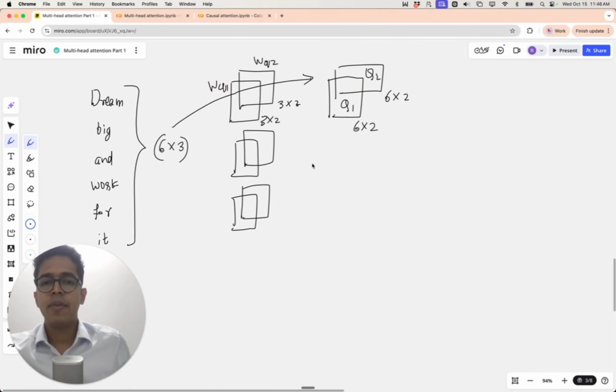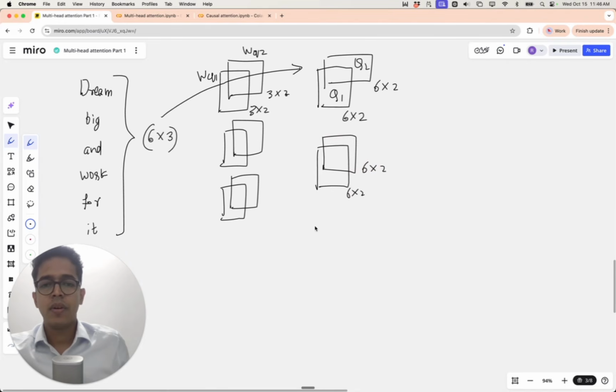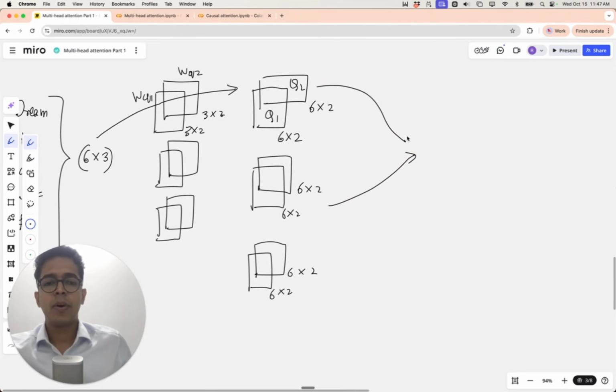Similarly, you will have keys and values. So there will be K1, K2 and V1, V2. All of them will be 6 by 2. Now, between query and key, we take the dot product.